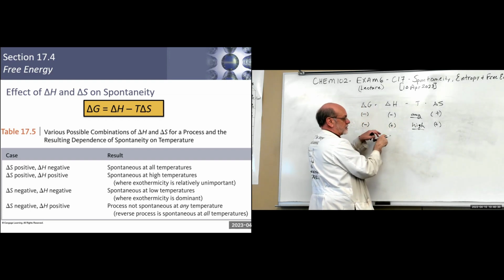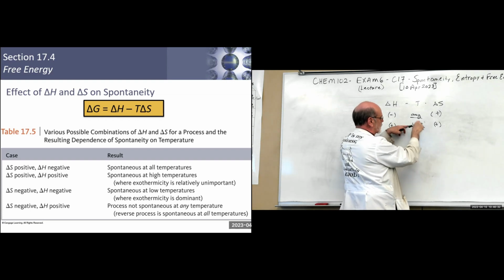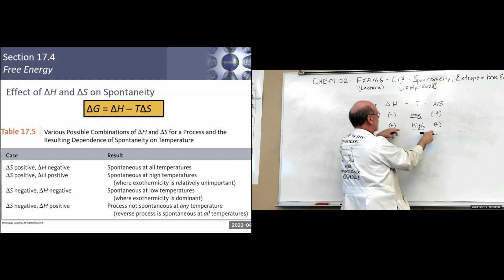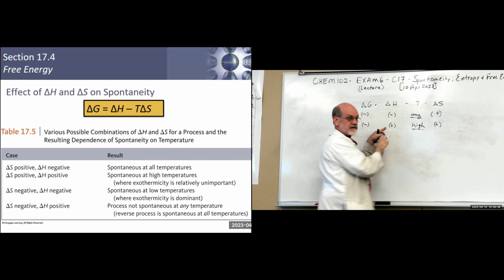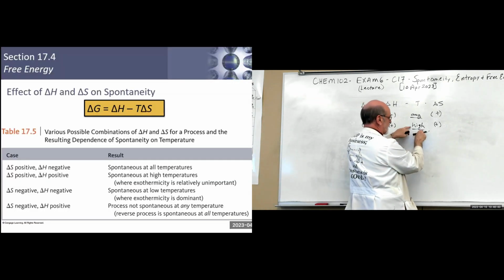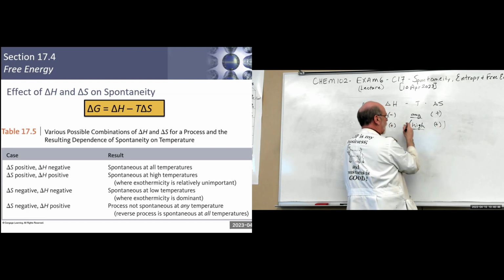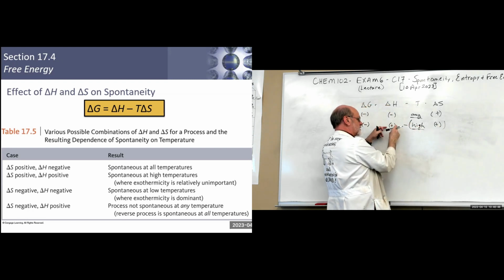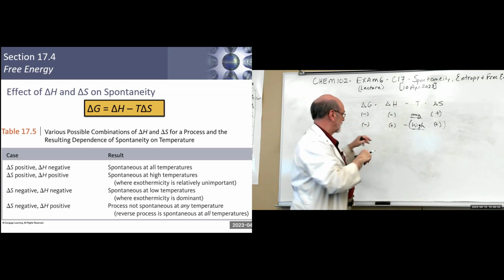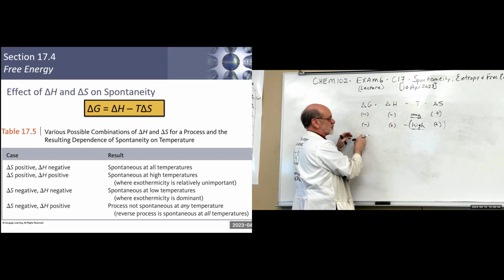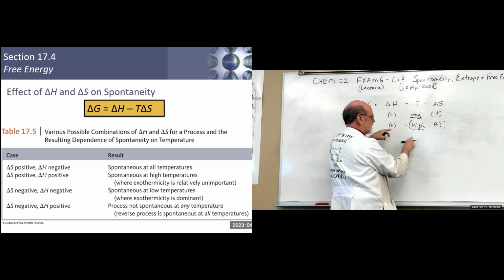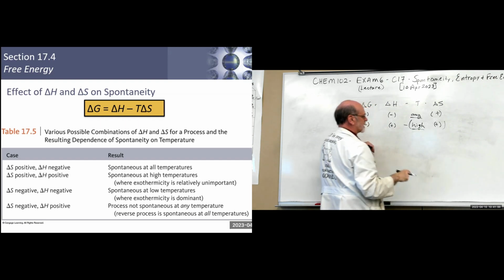Mathematically speaking, in order to make this whole expression negative, this needs to be very high so it can offset this positive. If this is very high, that means the overall negative exceeds the amount of this one. All right, so under those conditions, you would have a spontaneous reaction. If it's endothermic, then you need high temperature.